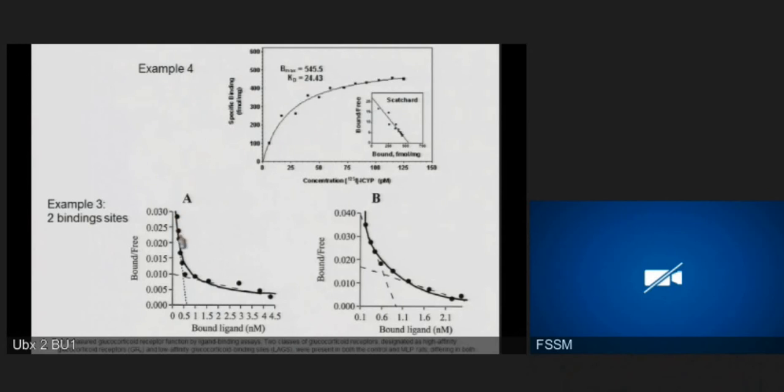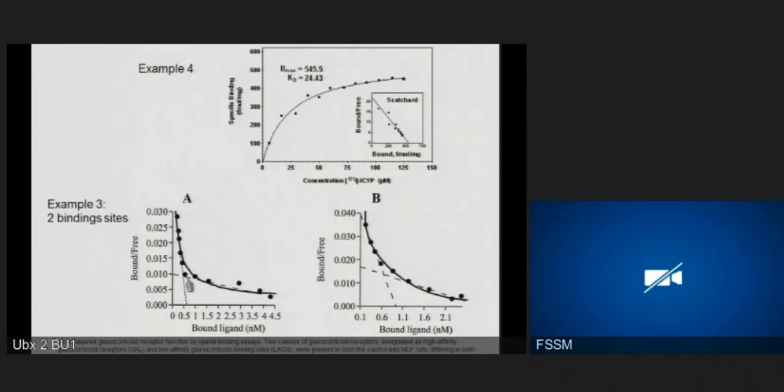So they did the experiment, a lot of dots, 1, 2, 3, 4, 5, 6, 7, 8, 9, 10, 11. You need at least 8 to do a good Scatchard chart. So here 11, this is good.